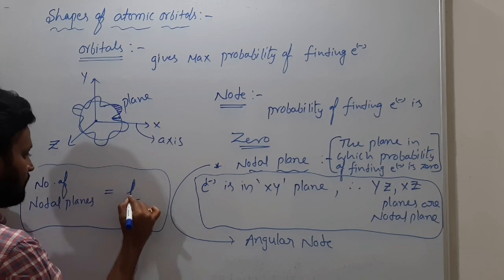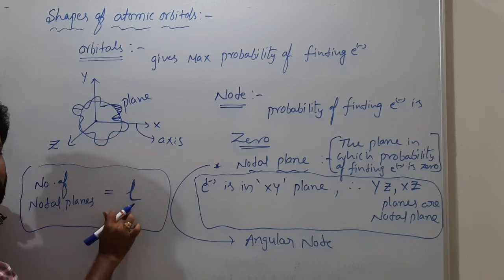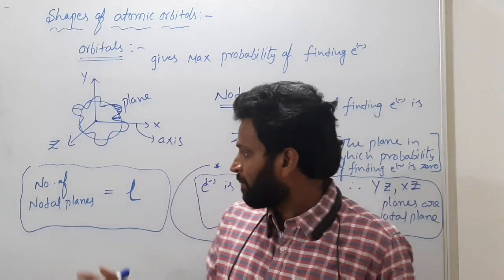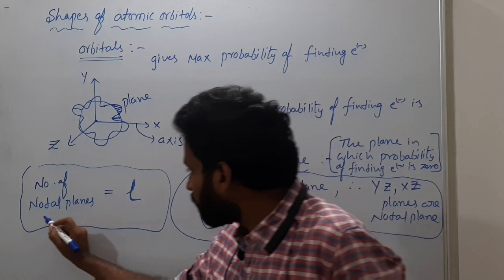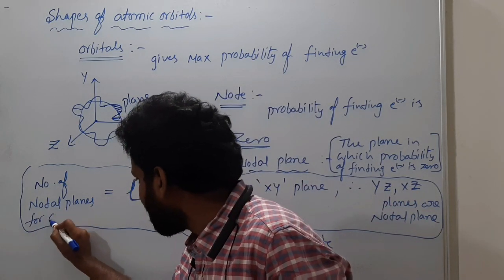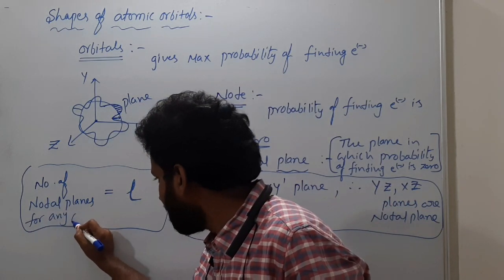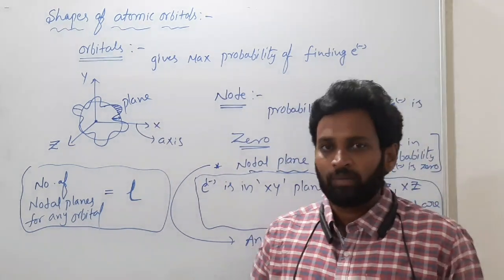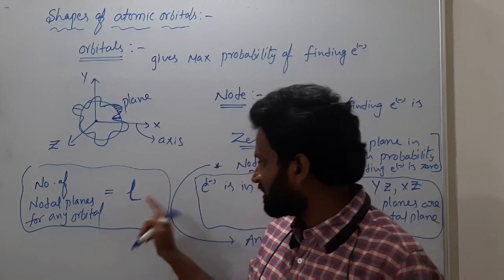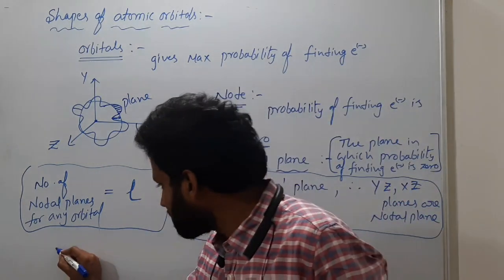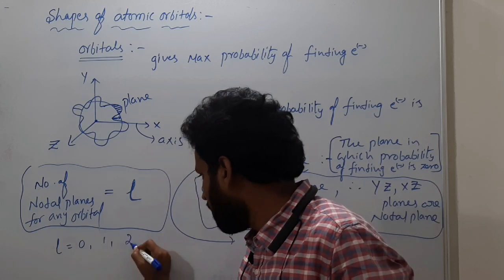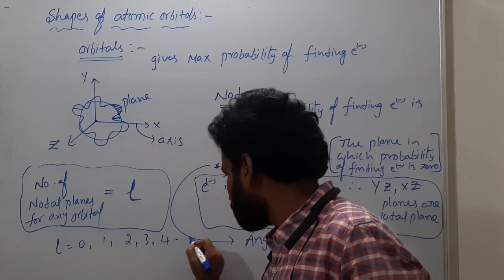Do you know what l means? l is the azimuthal quantum number. l takes the values 0, 1, 2, 3, 4 and so on. l equals 0 is the s subshell, l equals 1 is the p subshell.